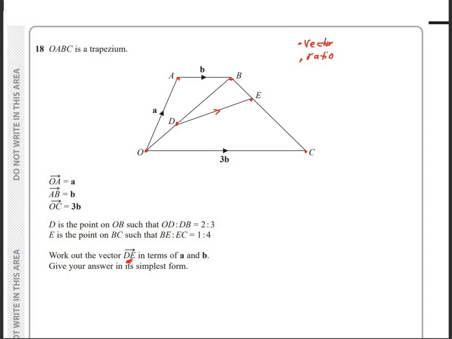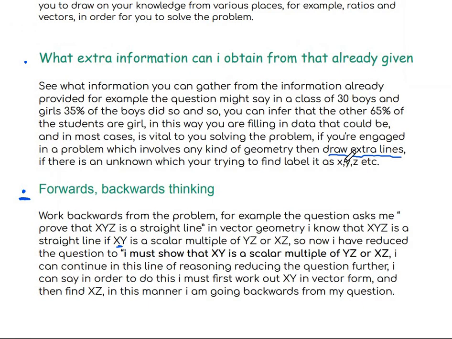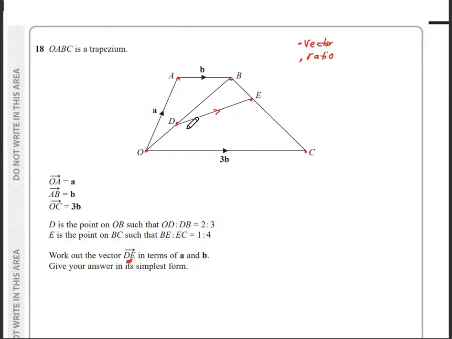And also, if we read back to that, it says draw any extra lines if we're engaged in a geometry problem, and this is a vector geometry problem. So I have drawn some lines in here. Also, it says here that OD to DB equals 2 to 3. So this is OD here, and DB is 3.